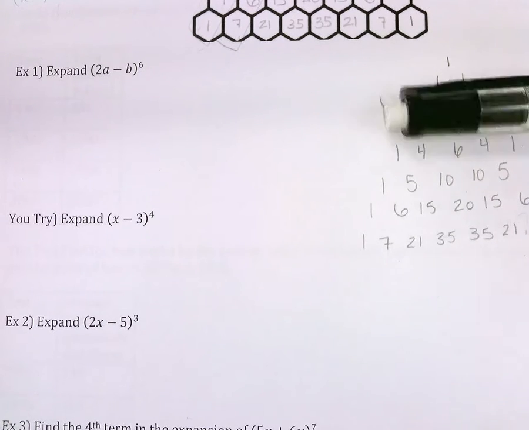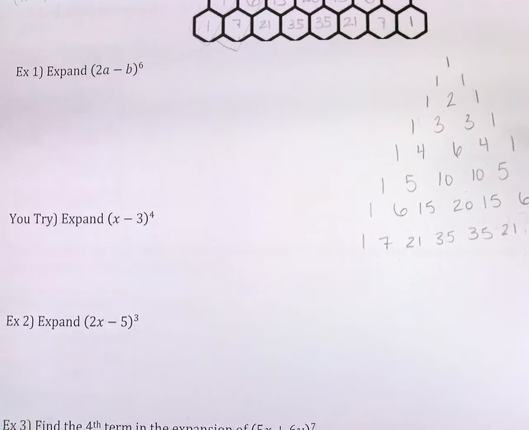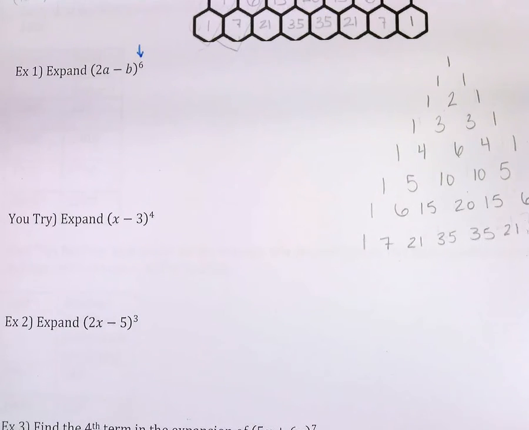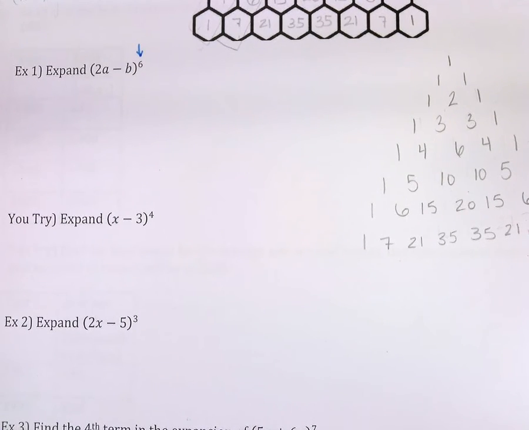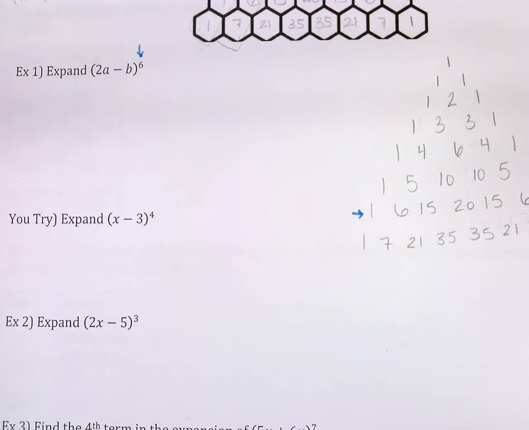So the first thing you're going to do is look at the exponent right here, and that's what's going to tell you which row in Pascal's triangle to use. So if it's a 6, then we want to use the 6th row in Pascal's triangle. Those are going to represent the coefficients of each term in the polynomial.